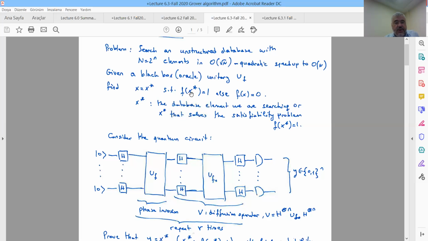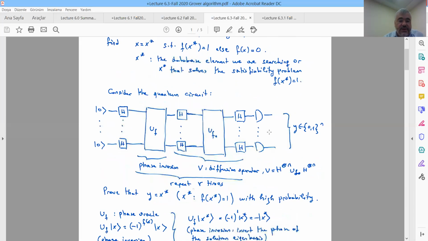So the problem is to find this x star that satisfies f of x equals 1. X star is the database element we are searching for, and we claim that this circuit achieves this.